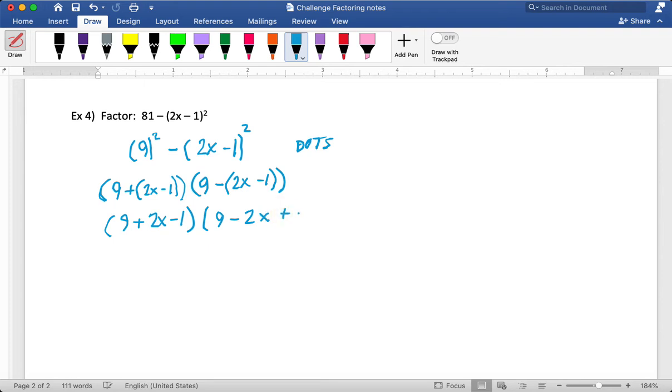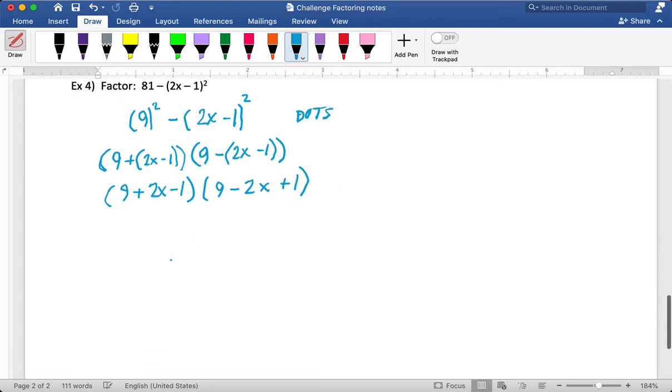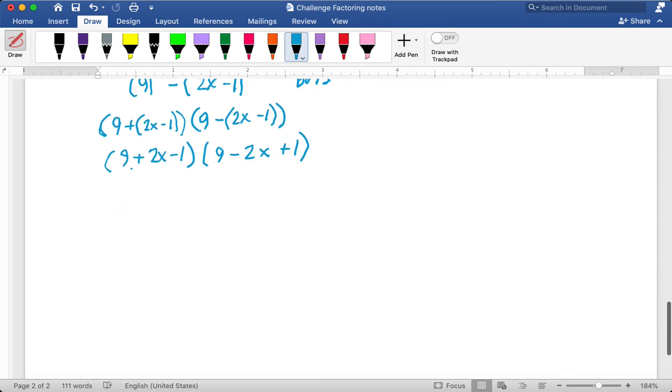Add 1. I'm still not done because I have some constants inside the grouping. 9 subtract 1. Well, that's 8. So this grouping has 2x plus 8. And this grouping is negative 2x plus 10.